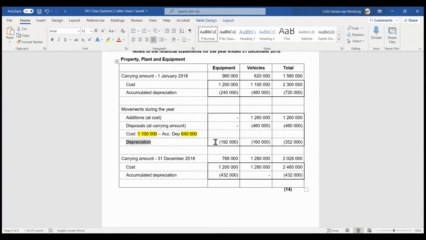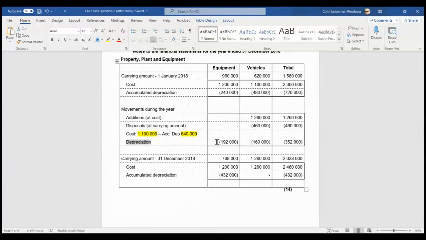But here, when it comes to the movements, we also got to decide that. So if that movement causes an increase in your carrying amount at the end of the year, you are going to show it as a positive. If that movement is going to cause a decrease in your carrying amount at the end of the year, you're going to show it as a negative.